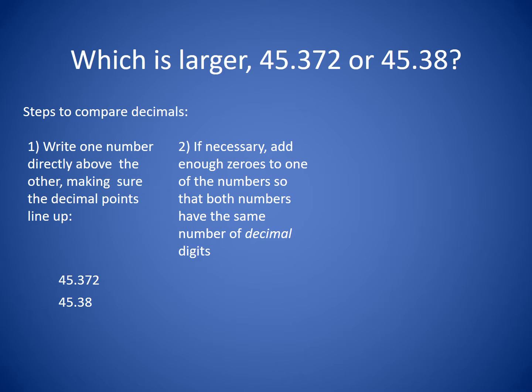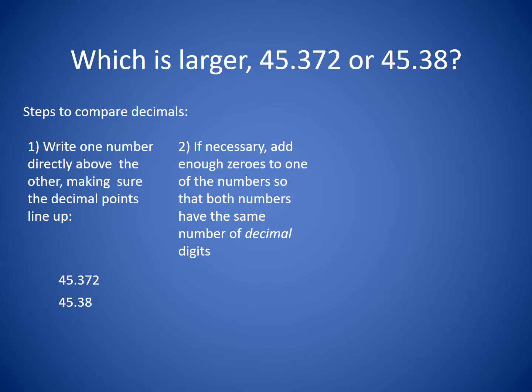Second step, if it's necessary, and we'll see in a minute when it is, I'm going to add enough zeros to one of those numbers so that both numbers have the same number of decimal digits. And again, the key here is decimal digits. 45.372 has three decimal digits, three numbers to the right of the decimal point. That's the 372.